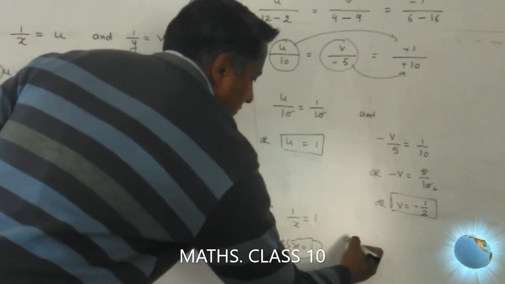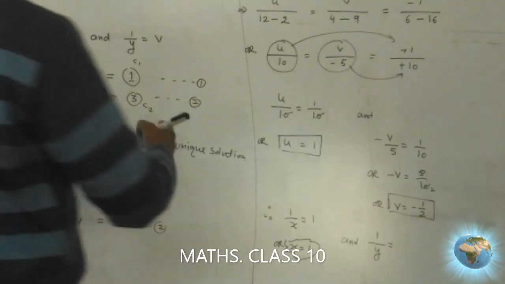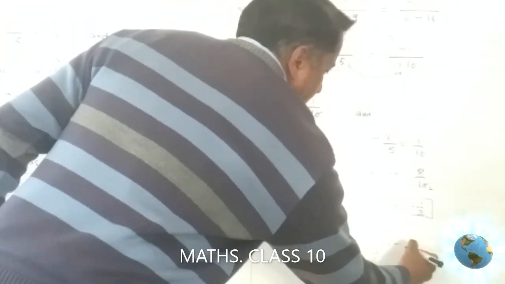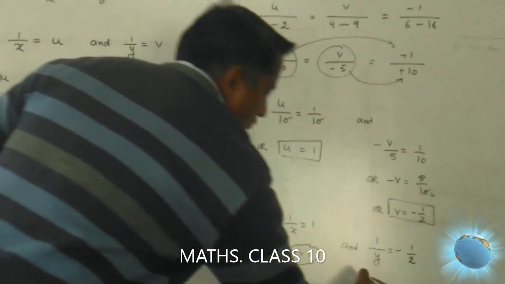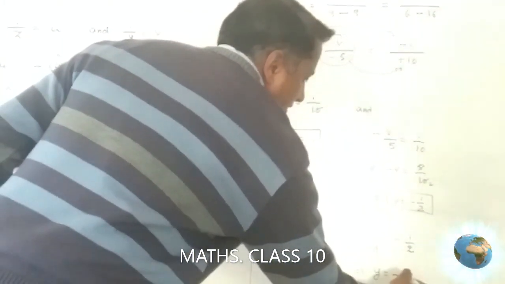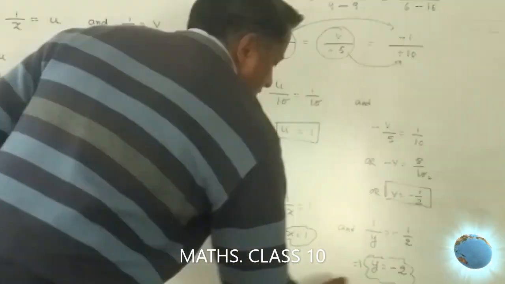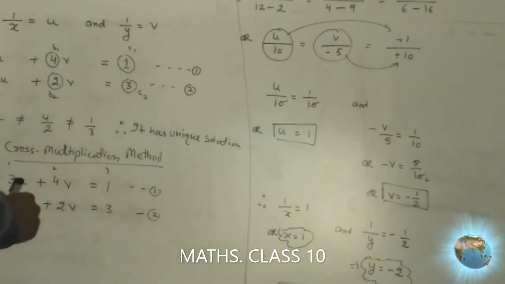And 1 over y is equal to v, that is minus 1 by 2. So we can write y is equal to minus 2. So this is the required solution.